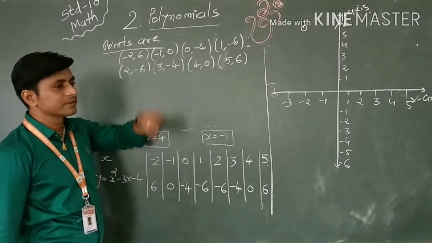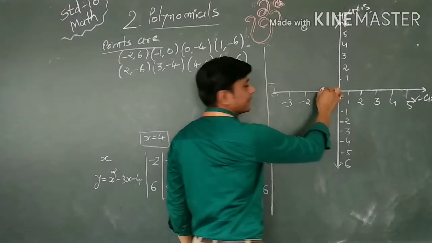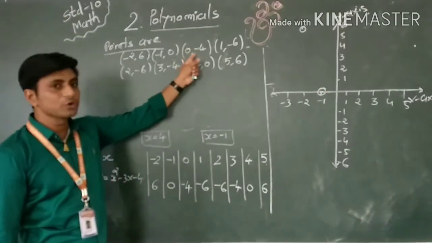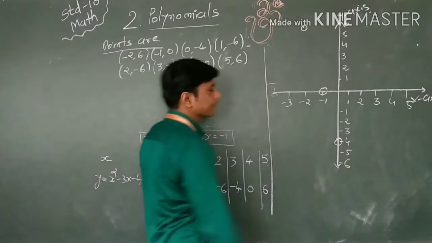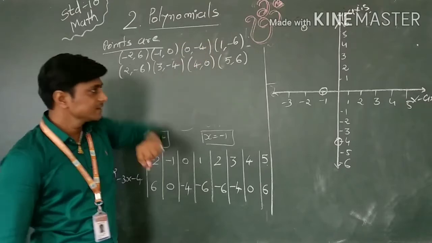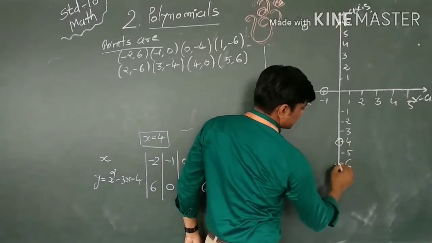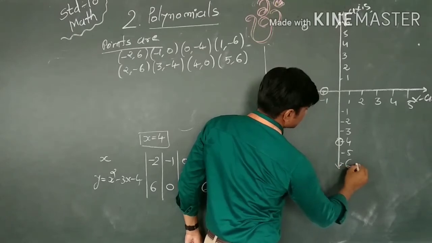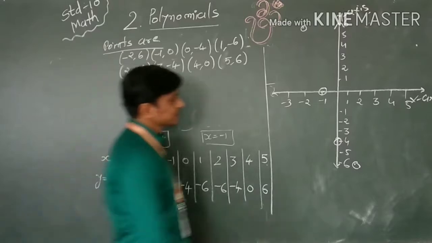Second point, (-1, 0), that means this point. Third one is (0, -4). Then (1, -6), and here (2, -6).